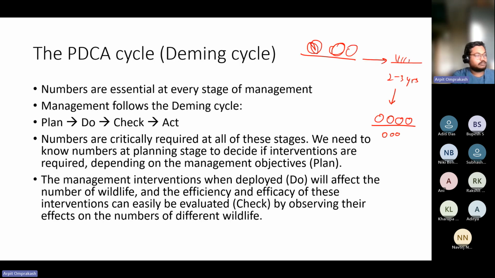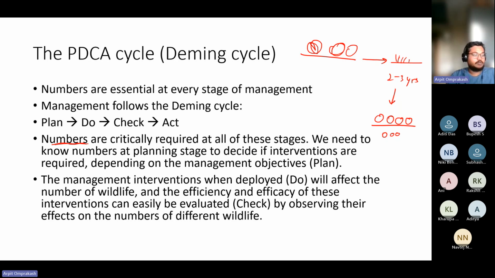So basically, in the planning stage, we need numbers of individuals or the population sizes so that we can decide if we need interventions or if we don't need any interventions. Then when management interventions are deployed, we need to check the efficacy or evaluate how they are doing.